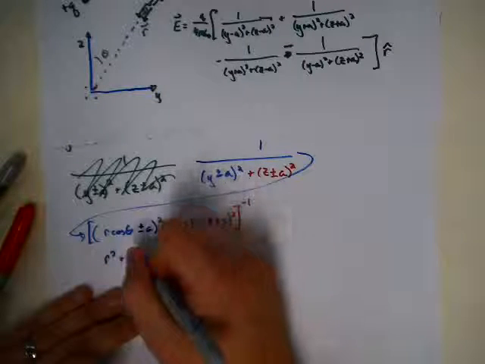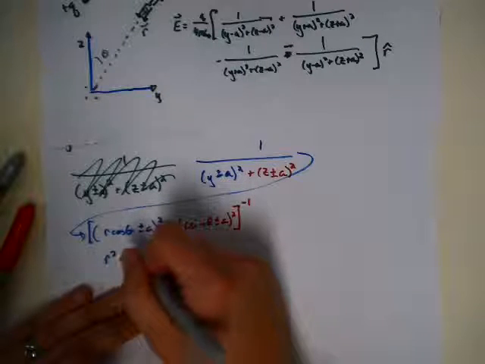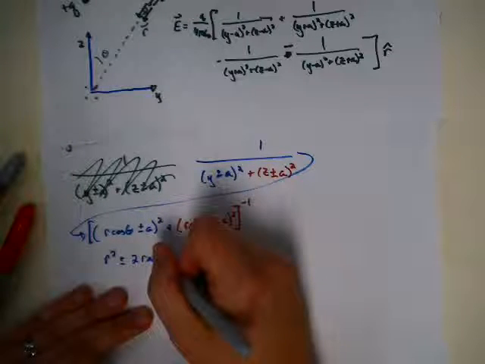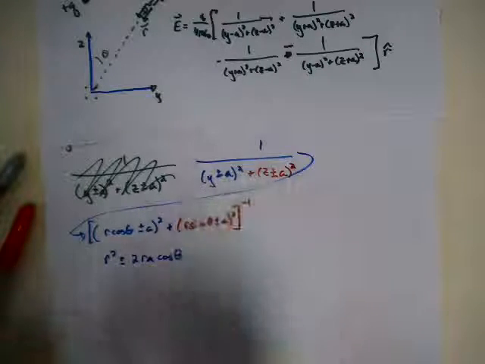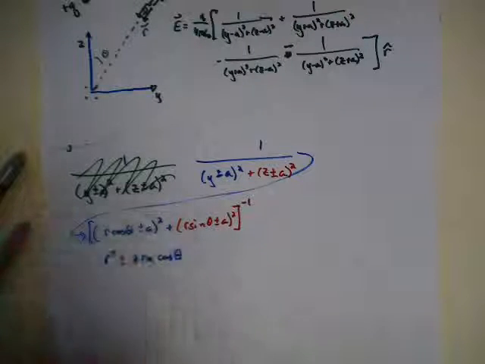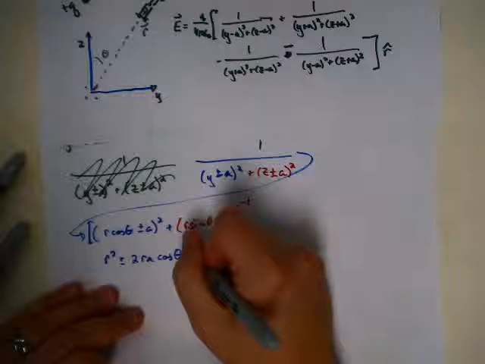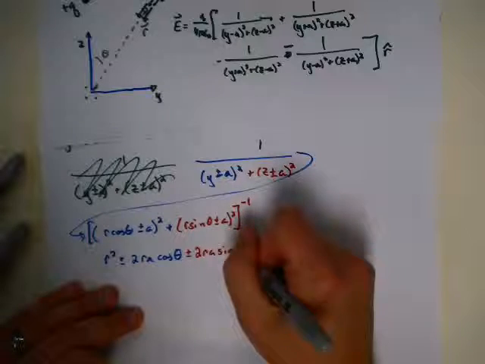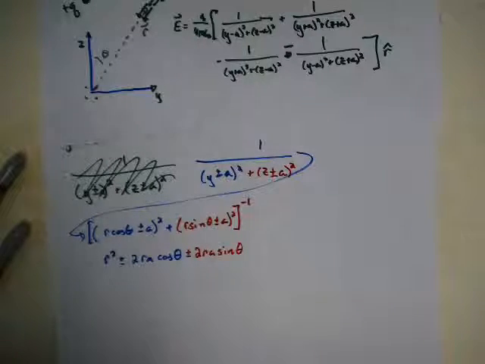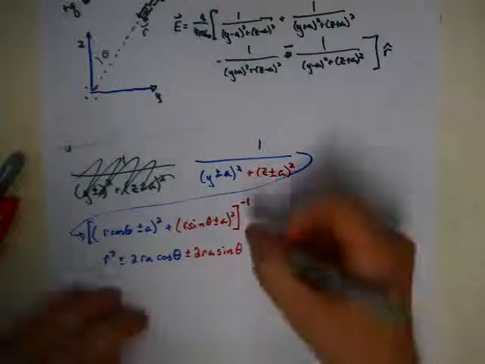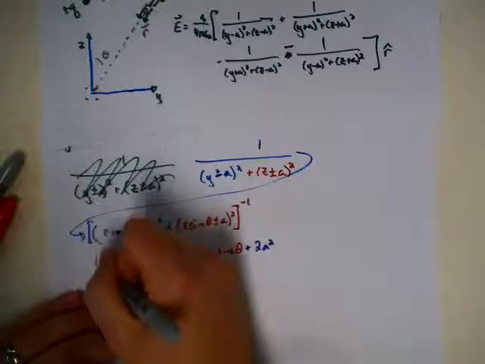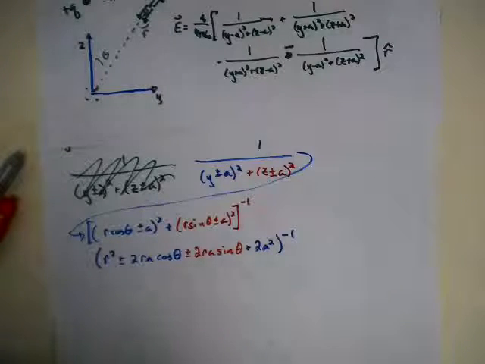The cross term here is going to be plus or minus 2ra cosine theta, and then I get a different plus or minus 2ra sine theta, and then we're always going to get a plus 2a squared. So this whole thing to the -1th power.